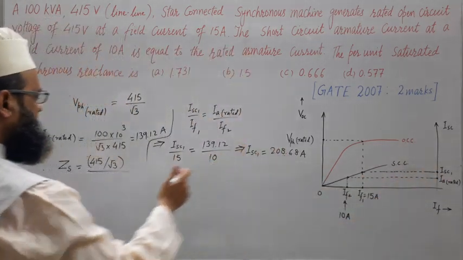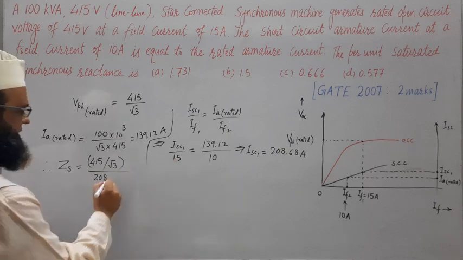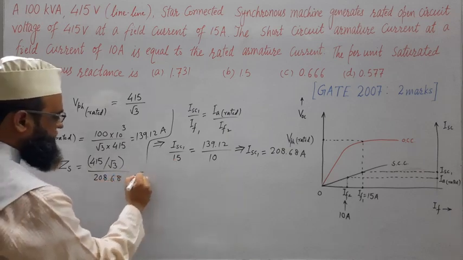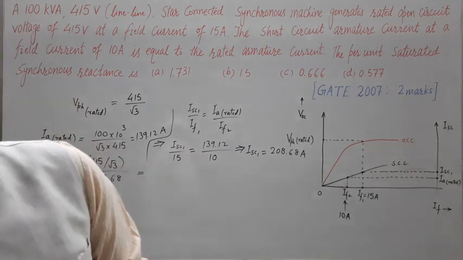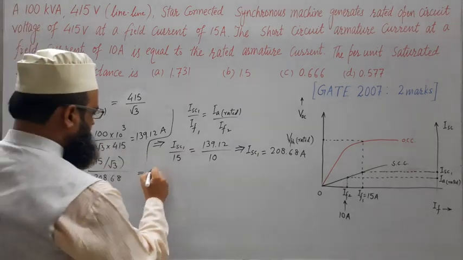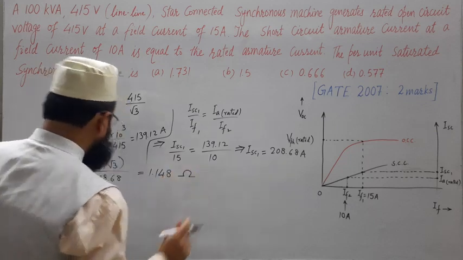ISC1 we have evaluated as 208.68. So this is coming out to be 1.148 ohm.